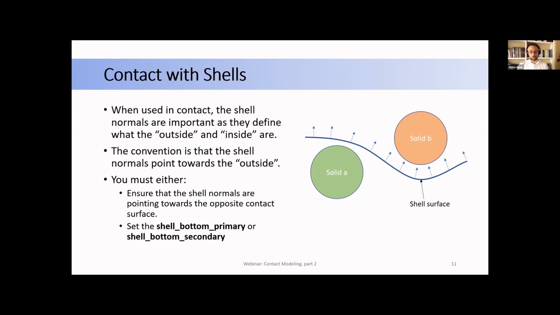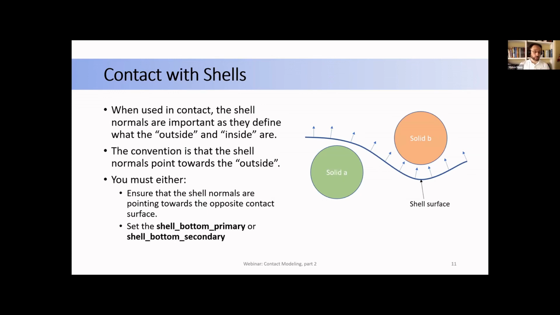And so, I show here a case on the right where solid B is on the positive side of that shell. And so for that contact there will not be any problem. But solid A is on the inside or the negative side of that shell. And so if you try to run contact, the contact is going to try to push that solid A towards the positive side of the shell, most likely causing very large deformations and element inversions.